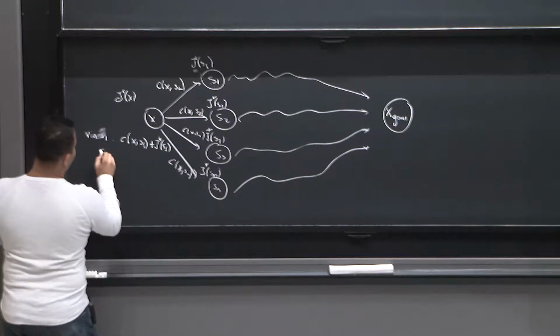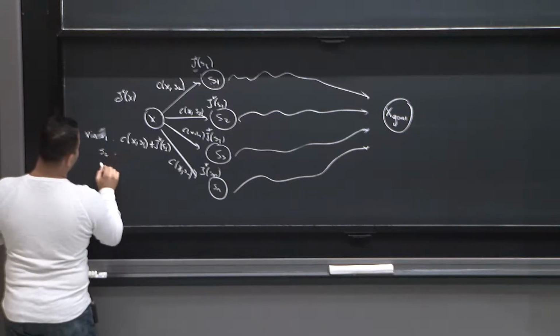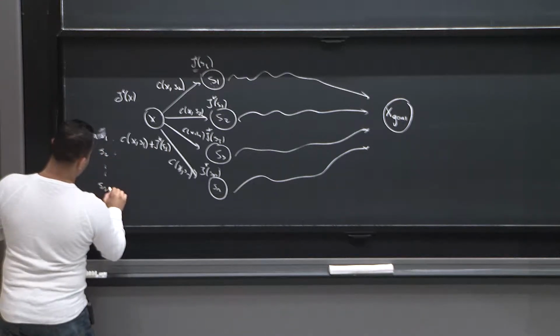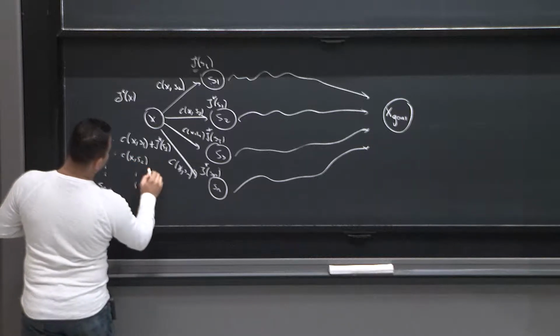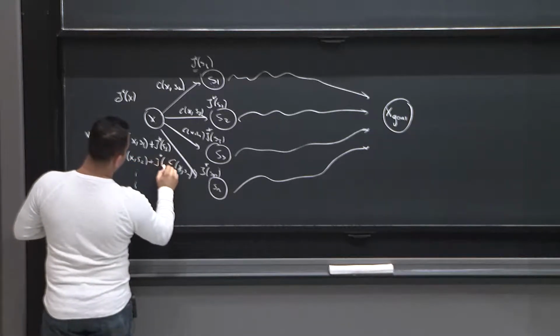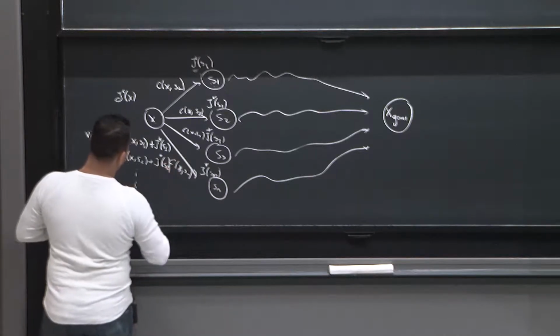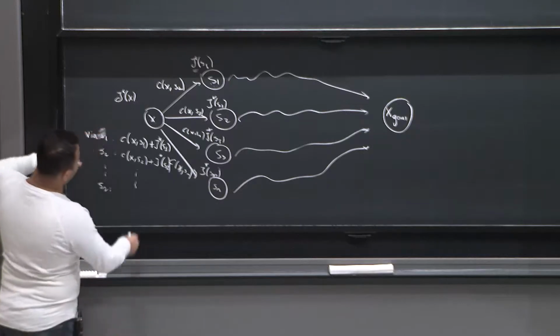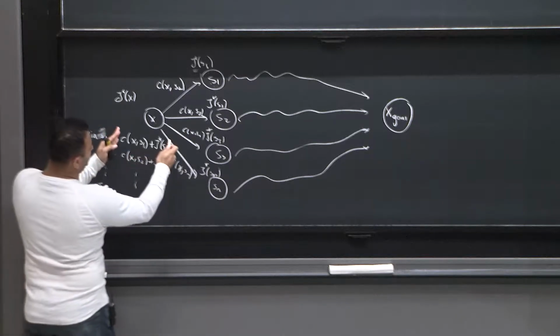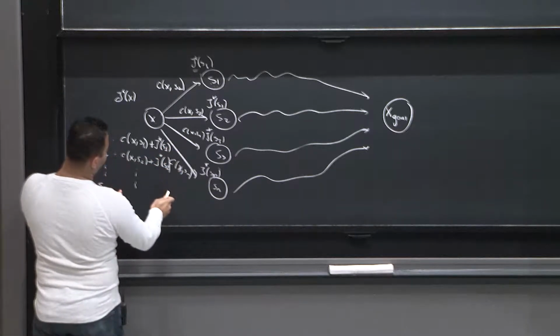And you have all these alternatives. You want to find the optimal path, so you have to compare the total cost of these alternative paths.